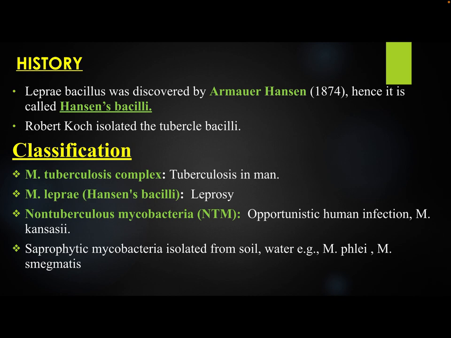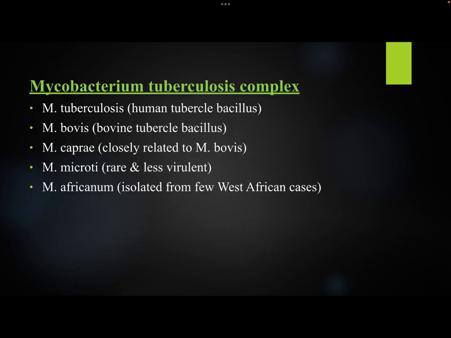Mycobacterium leprae causes leprosy. Non-tuberculous mycobacteria cause opportunistic human infections. Saprophytic mycobacteria can be isolated from soil, water, etc. The Mycobacterium tuberculosis complex consists of Mycobacterium tuberculosis, Mycobacterium bovis, Mycobacterium caprae, Mycobacterium microti, and Mycobacterium africanum.